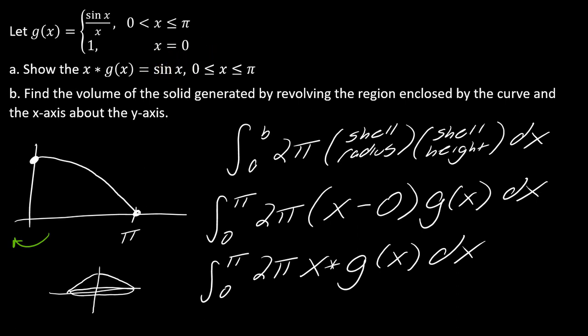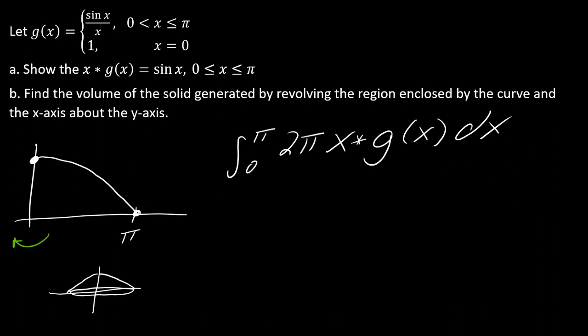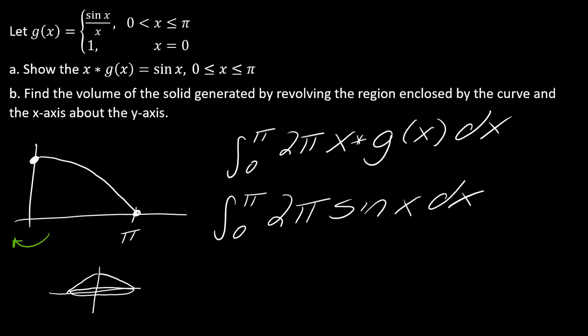So let me clear a little space. And now this is just 2 pi times sine of x dx. So this is actually a pretty simple integral once you sort out what this part means. It looks like it's going to be really confusing, but it simplifies to something nice.